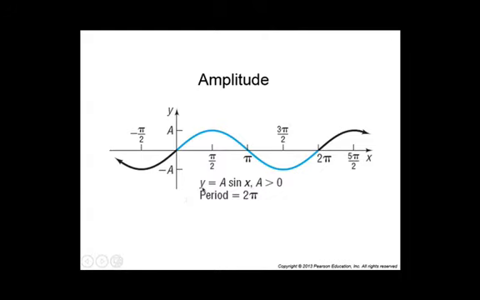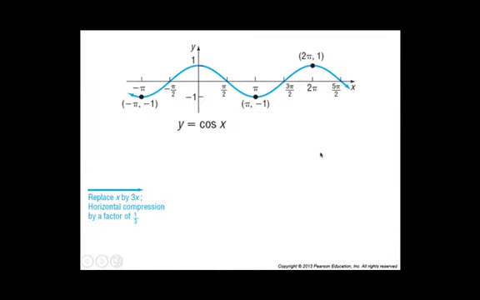So therefore we can say y equals A sine of theta, where A has to be greater than 0. We also have a period of 2 pi, meaning that it starts at the origin of 0, 0 and goes all the way to 2 pi. Cosine, on the other hand, starts at the origin of 1, 0 and goes to 2 pi.